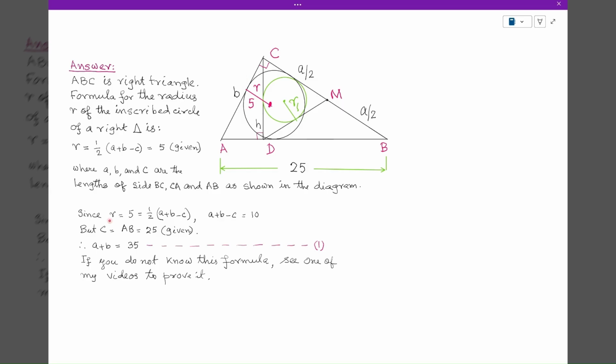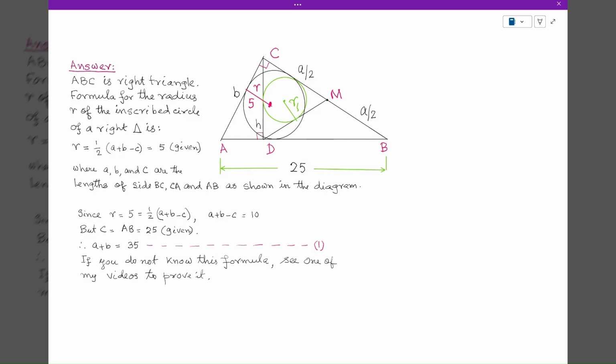Since R is equal to 5, that is equal to half of (a plus b minus c), we get a plus b minus c is equal to 10. But it is given that c is equal to AB is equal to 25.